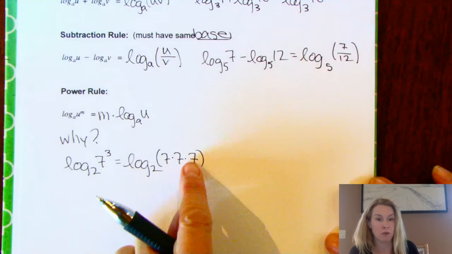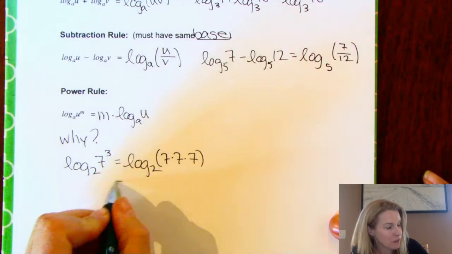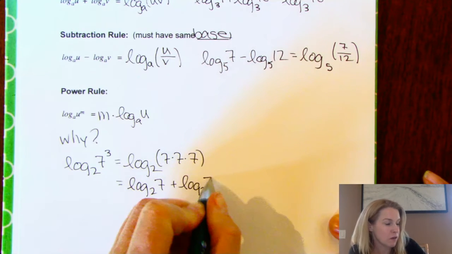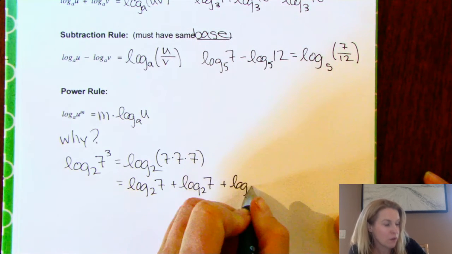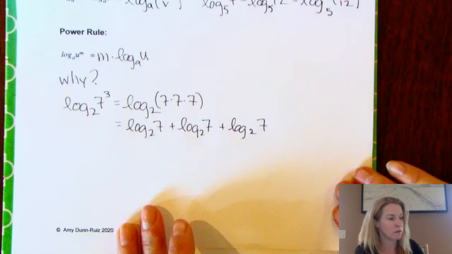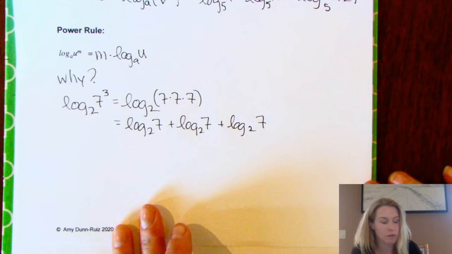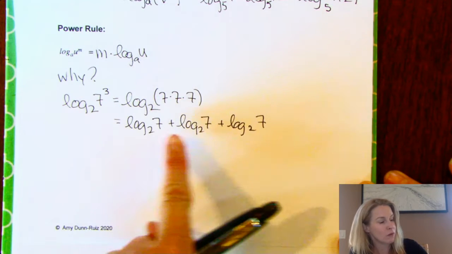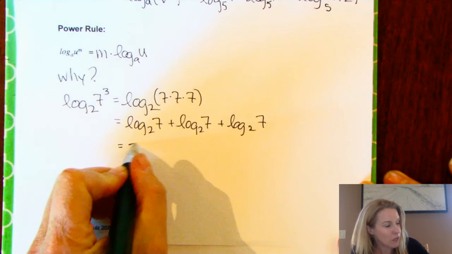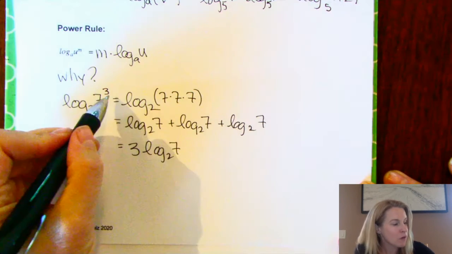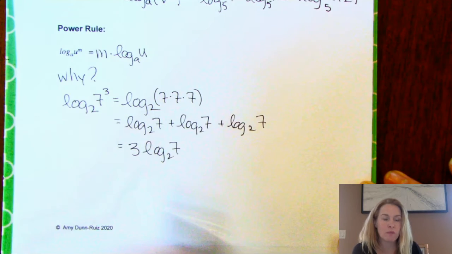There are 3 things being multiplied together. So I can expand this to log base 2 of 7 plus another log base 2 of 7 plus another log base 2 of 7. Excuse me, I used the addition rule to expand it. Finally, how many log base 2 of 7s do I have? 1, 2, 3. So I have a grand total of 3 times log base 2 of 7. So again, that power up here comes down in front as a coefficient.